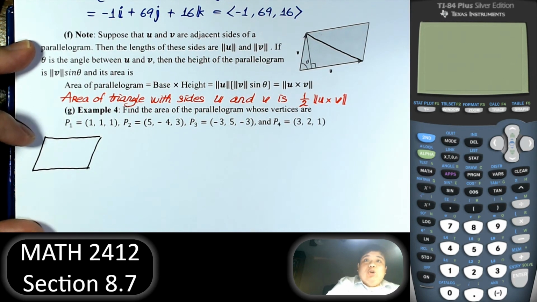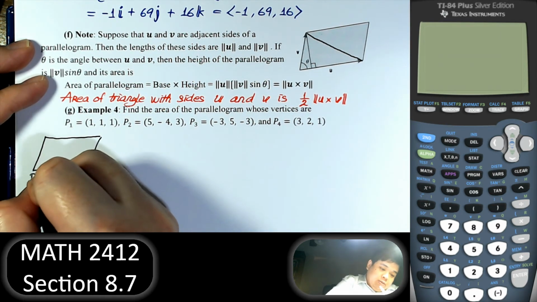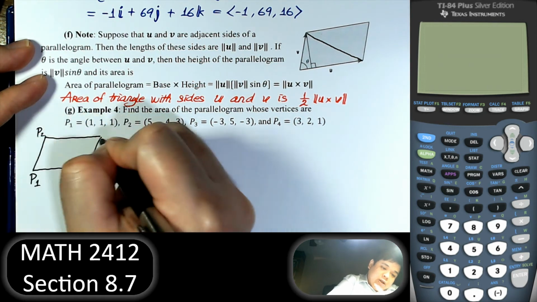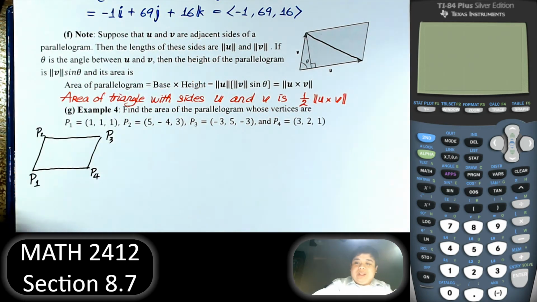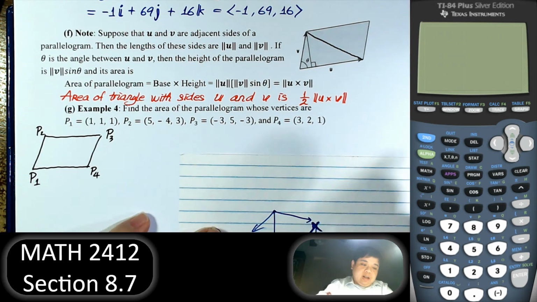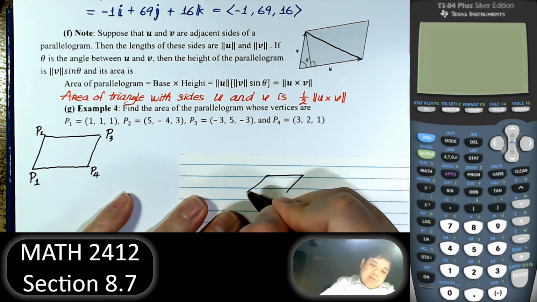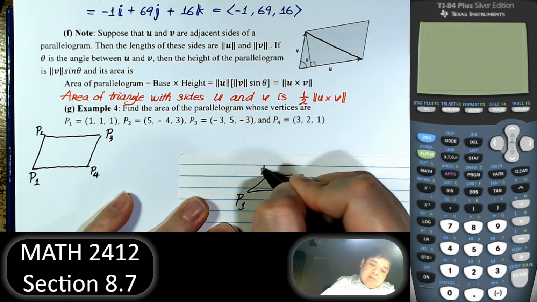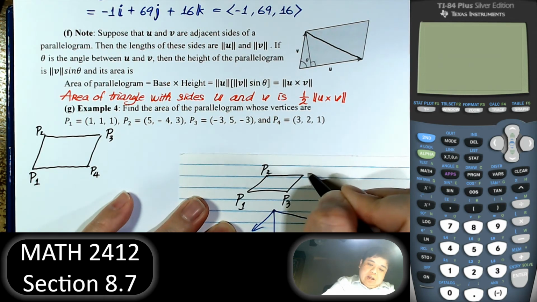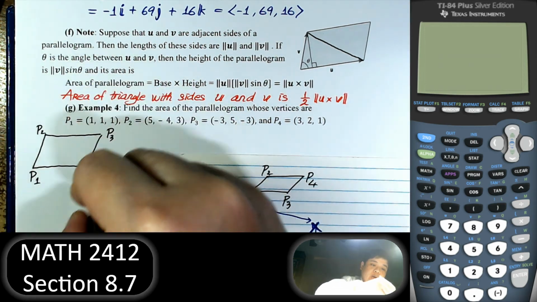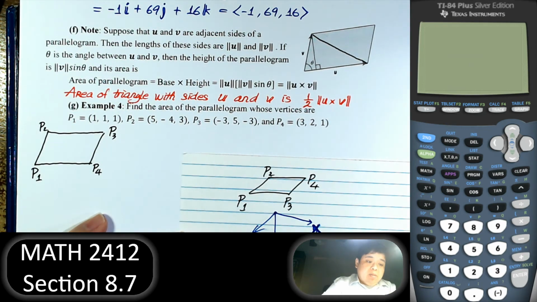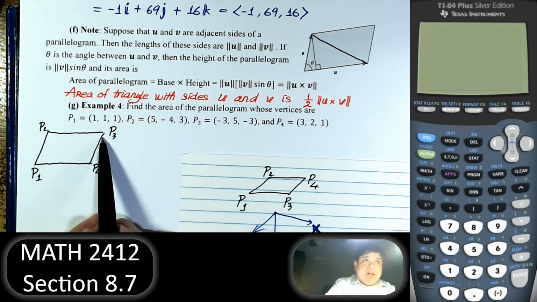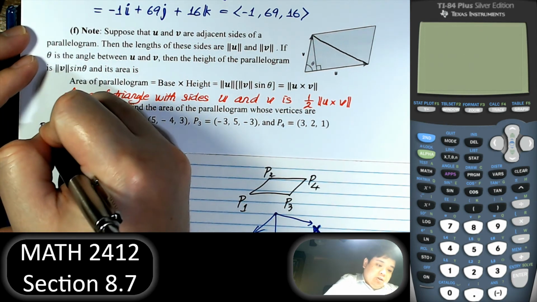By the way, we assume that this is in the order P1, P2, P3, and P4, and not twisted, like P1, P2, P3, and P4 crossing. We assume that it goes either clockwise or counterclockwise, doesn't matter. But P1 is opposite P3 and P2 is opposite P4.